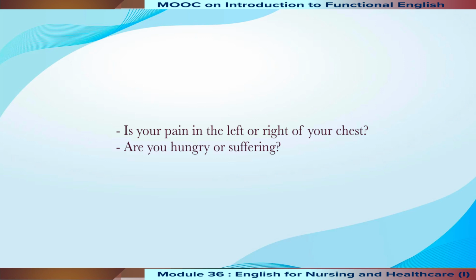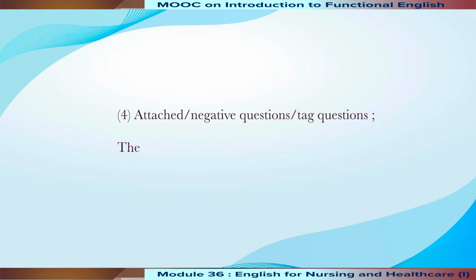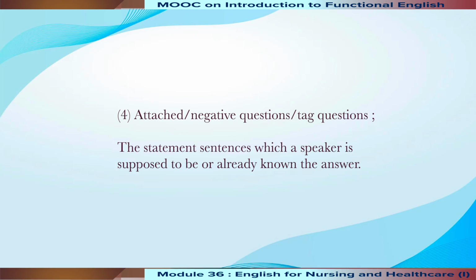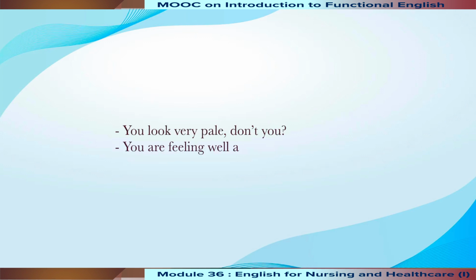The last but not the least, the question set that has attached negative questions or tag questions. These are statements where the speaker supposes or already knows the answer, such as, you look very pale, don't you? You are feeling well after taking medicine, aren't you?